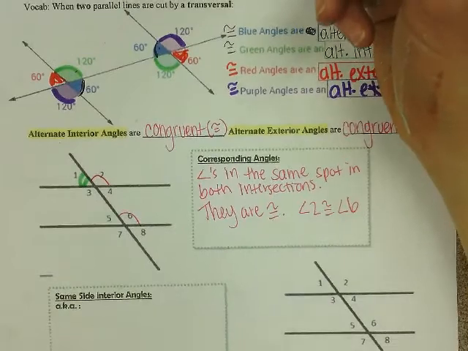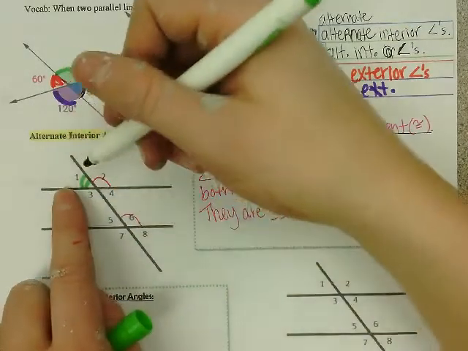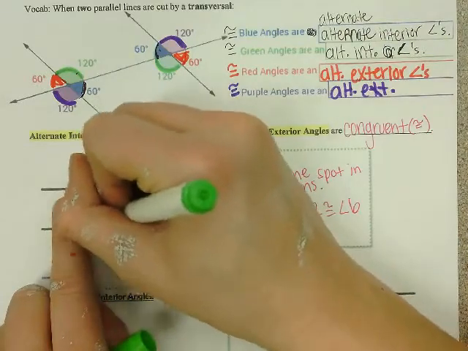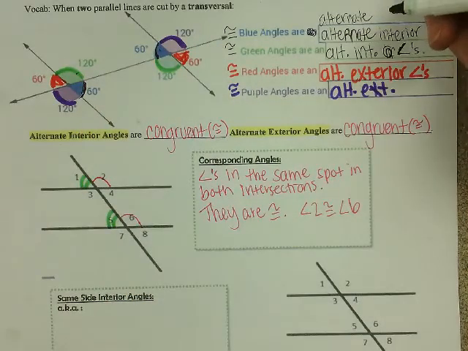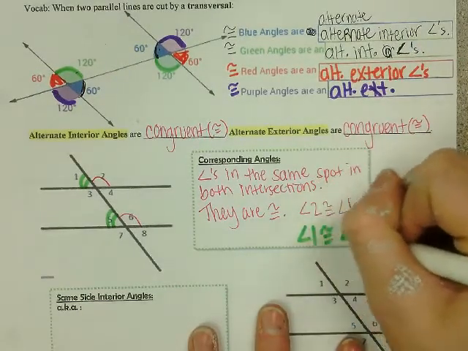What would be its corresponding angle in this lower section? Angle 1 is the top left. Angle 5 is also the top left. So angle 1 is congruent to angle 5.